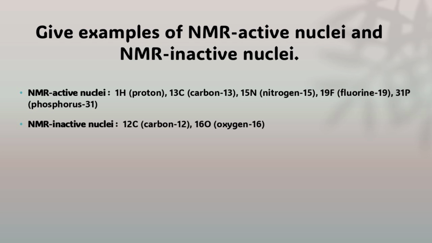All these are NMR active because their atomic numbers and mass numbers, both, are odd numbers. NMR inactive nuclei: the examples of NMR inactive atoms or nuclei are C12, carbon-12, O16, oxygen-16, S32, sulfur-32, and many more. You can see their atomic numbers and mass numbers, both, are even numbers.